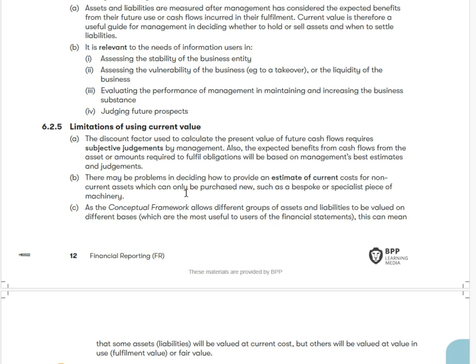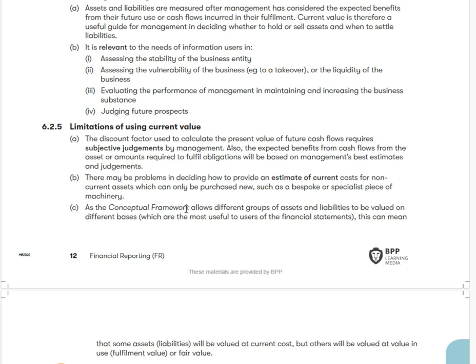It is not uniform or widely available in the market. It is only specific for you. Those types of assets, the current costs are difficult to assess because an exactly identical asset won't be available in the market. It is a specialist piece.